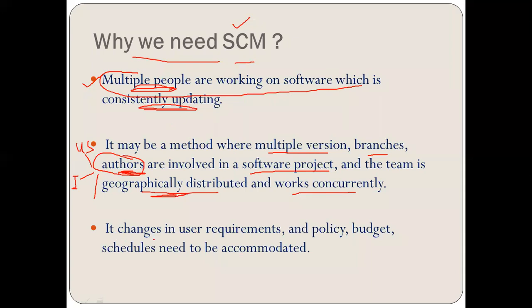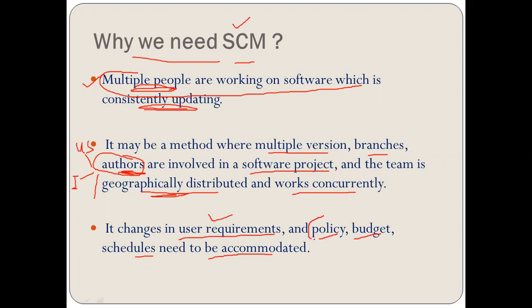Next, the last point is that it can be due to changes in the user requirement, changes in the policy, or changes in the budget or schedule that need to be accommodated. Let's say certain requirements have been changed by the user, by the client itself, so that is a case where we need SCM.